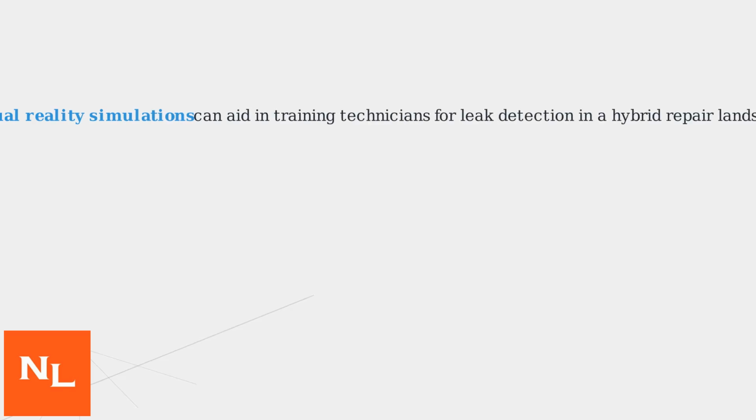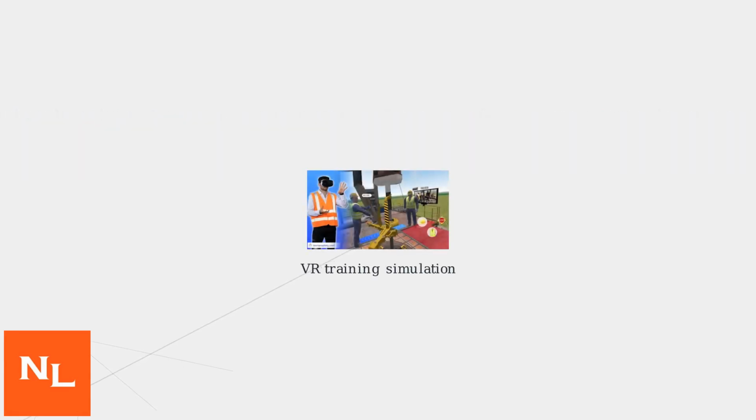Future materials like bio-based elastomers promise greater durability, reducing failures by up to 20%, according to industry projections. Virtual reality simulations can aid in training technicians for leak detection in a hybrid repair landscape, preparing for future automotive technologies. These immersive tools help apprentices learn diagnostic skills effectively.